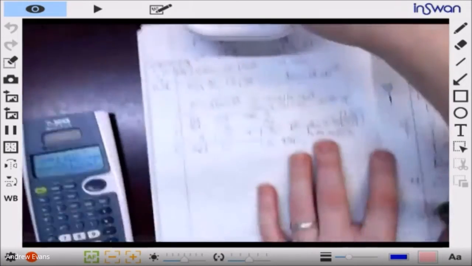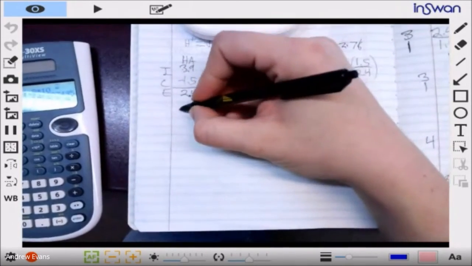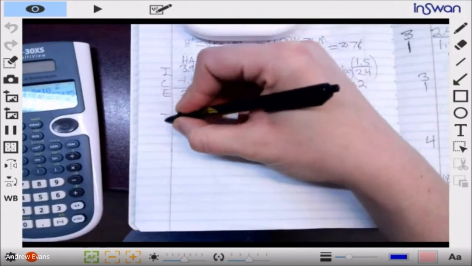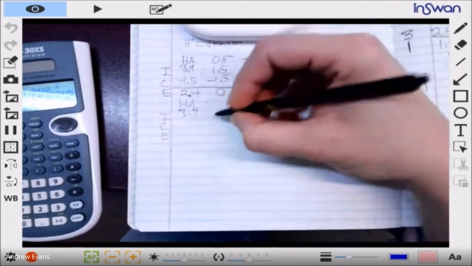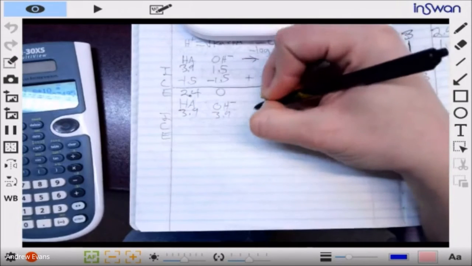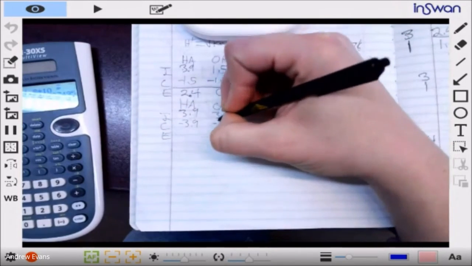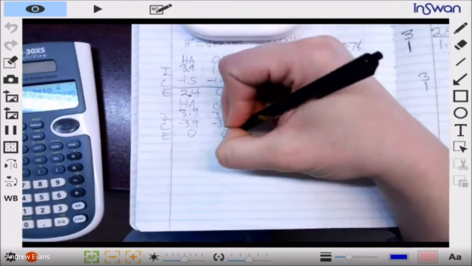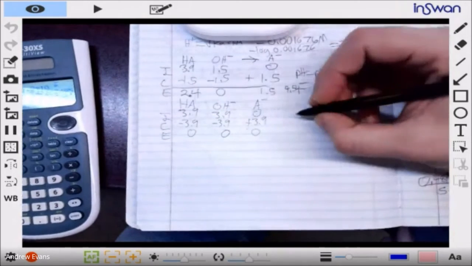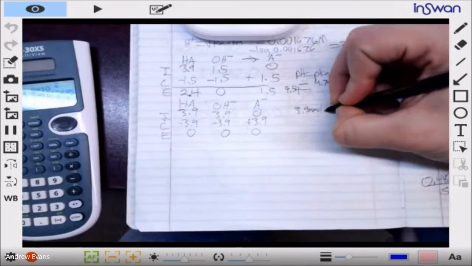Now 13 mils at the equivalence point. 3.9, HA, ICE. OH minus is 3.9. The A minus is 0. If I have minus 3.9 minus 3.9, it goes to 0. That goes to 0, but that becomes plus 3.9. So 3.9 millimoles of A minus.